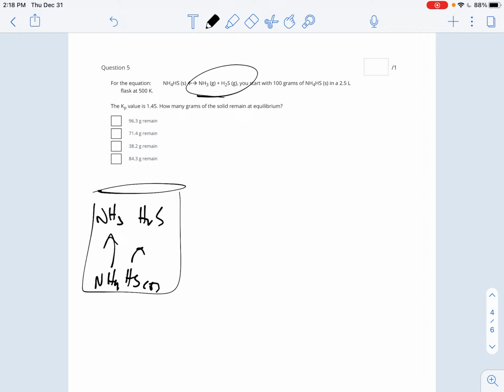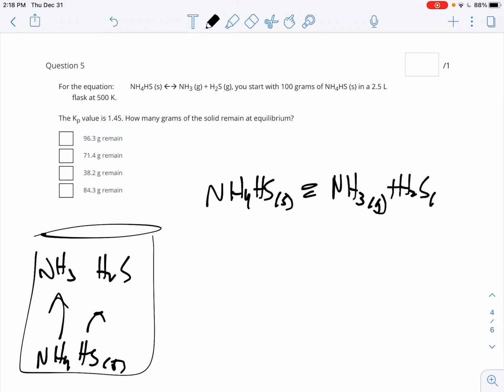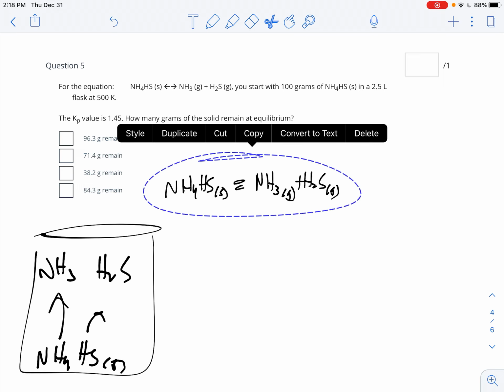So for every one of the NH3, you're going to get one of the H2S's. So we can go ahead and set this up. We've got NH4HS, that's a solid. That's going to come over here and form NH3 gas and H2S gas.